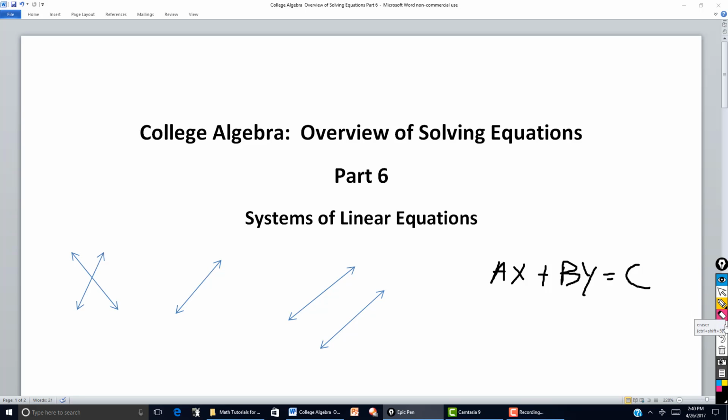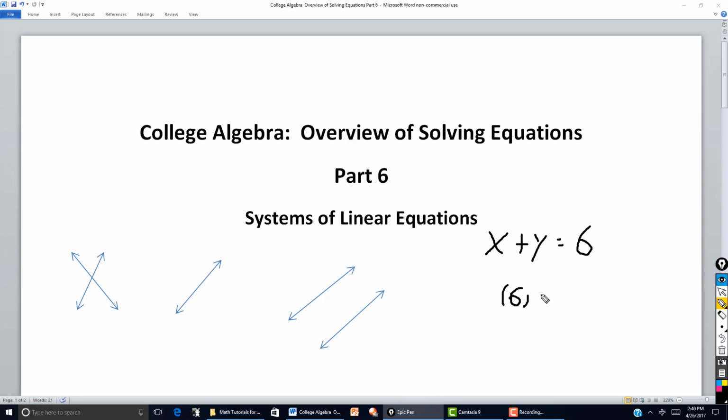As an example, we look at, say, x plus y is equal to 6. Now, if you're just given one equation like this, it is going to have an infinite number of solutions. One solution would be 6, 0.